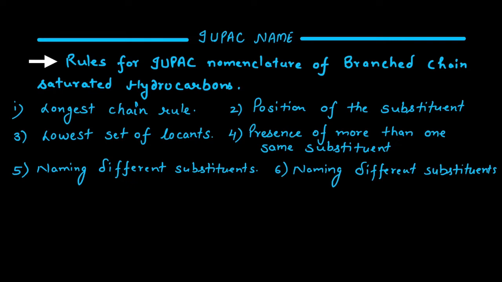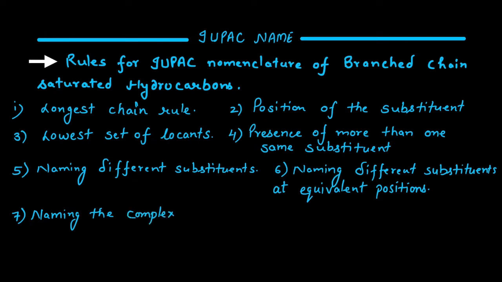We will learn about those examples in this specific rule. Our next rule is naming the complex substituents. This is again a very important rule, the naming of complex substituents, or we can say substituted substituents.